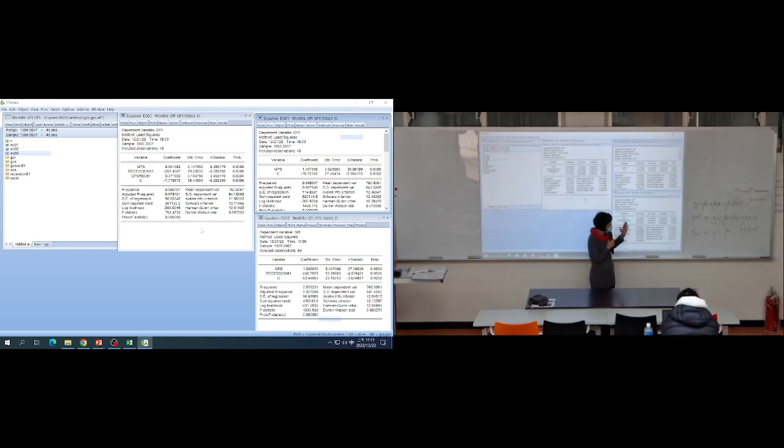A Durbin-Watson statistic like this one tells us the original data does have a positive relationship, serial correlation. We haven't said anything about that this semester yet.